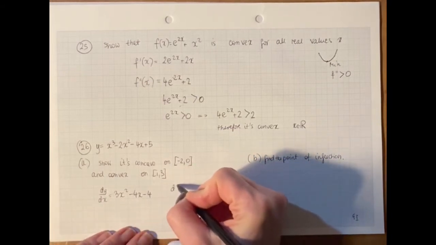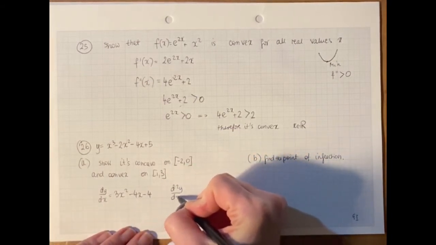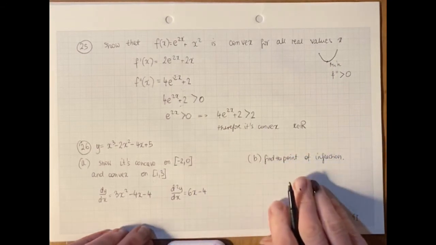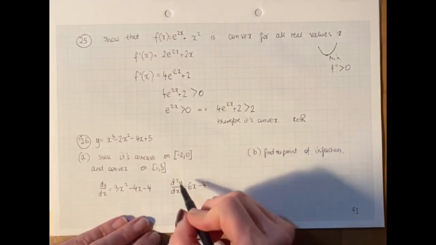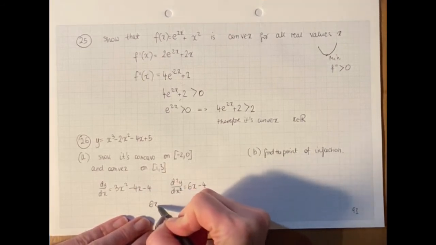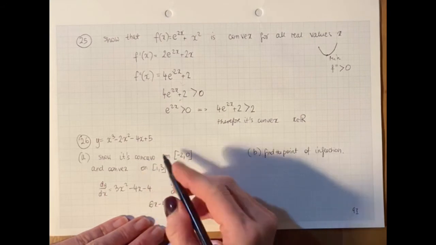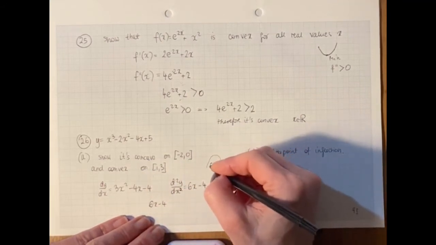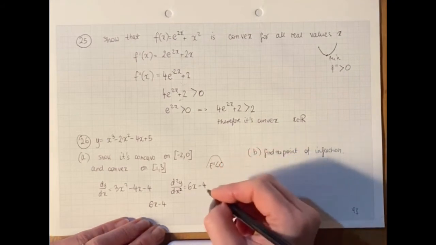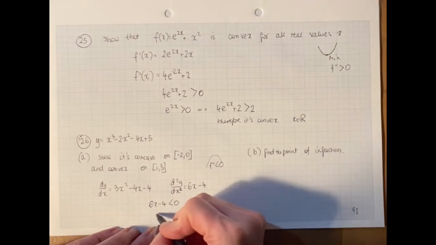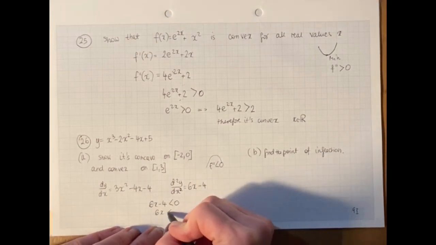The second derivative is given by 6x minus 4. So 6x minus 4 is going to be concave when, remember, this is the cave, the second derivative must be less than or equal to 0, depending what approach you want to adopt.